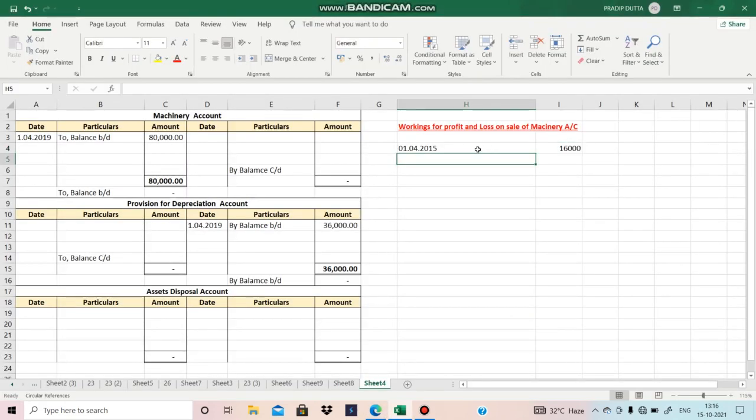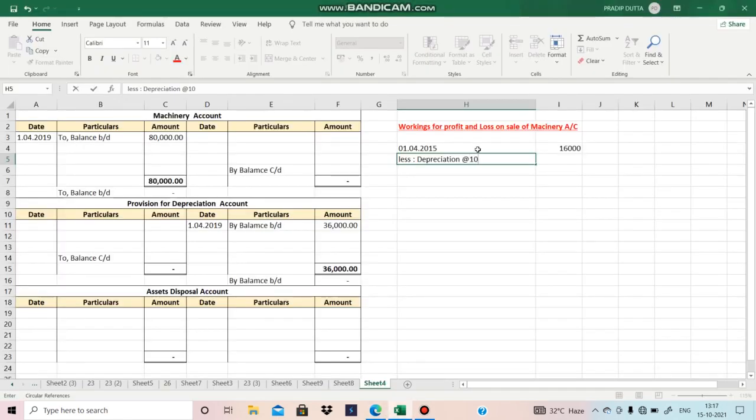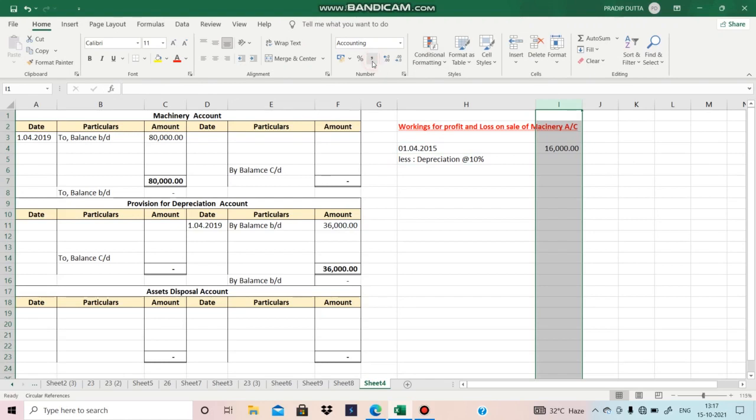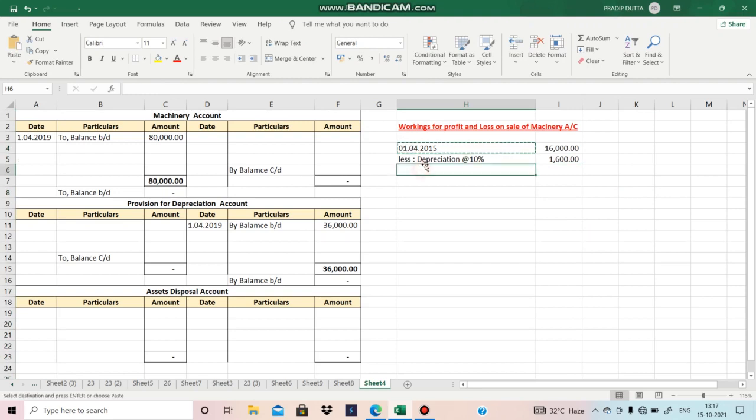Now we charge depreciation, less depreciation, at a rate of, what is the rate of depreciation? 10%. So you should charge full year depreciation because it was bought at the beginning of the year. So the full depreciation is 1,600. So the written down value for April 2016 is the balance.